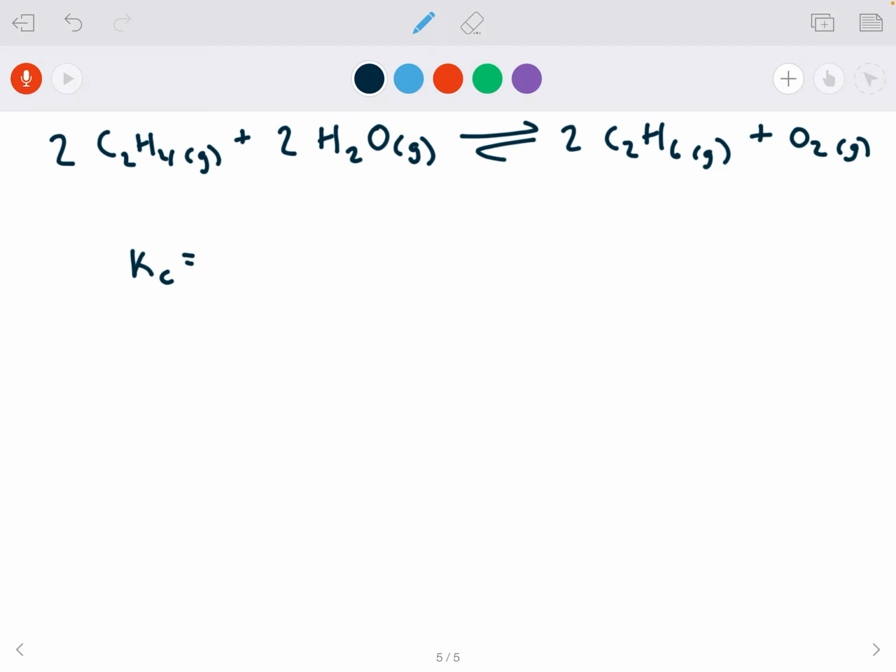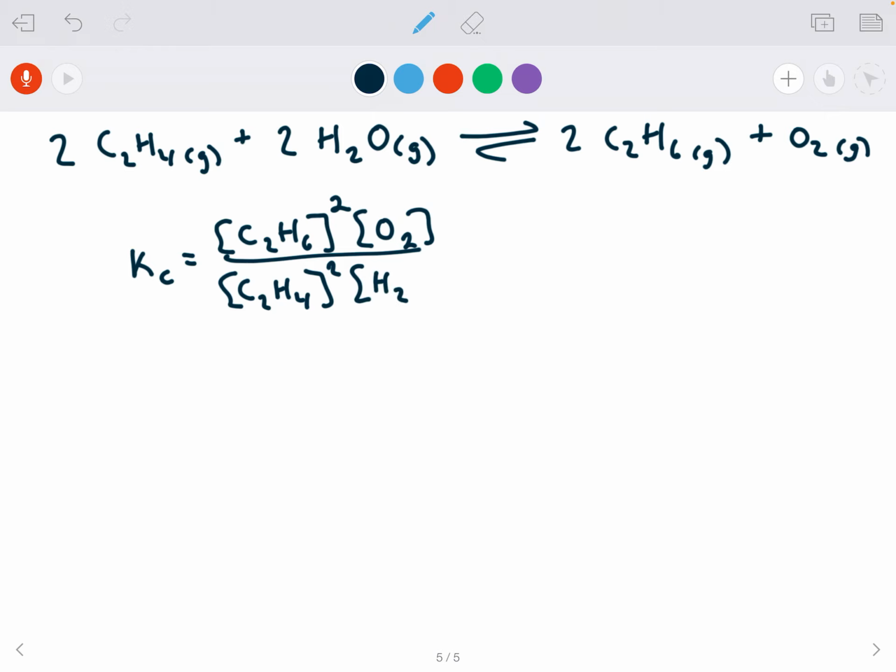My Kc here would be: Kc is equal to the concentration of C2H6 squared times the concentration of O2 over the concentration of C2H4 squared times the concentration of H2O squared.